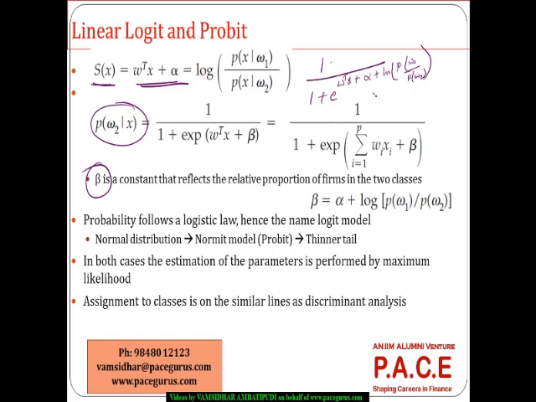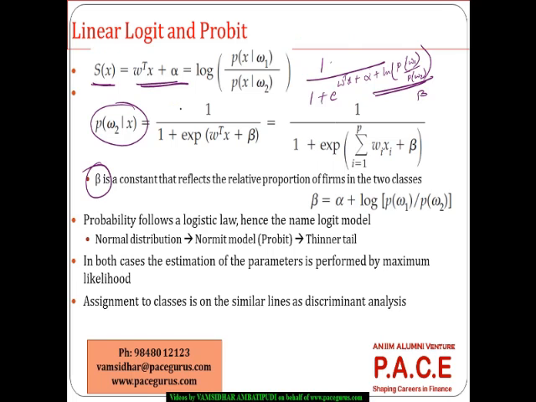This entire thing we have called beta, which is alpha plus log of probability of W1 by probability of W2, a constant talking about the relative proportion of the firms in the two classes.